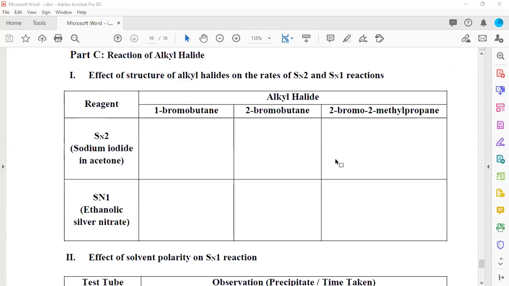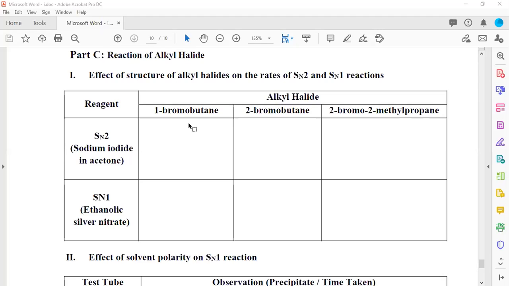For this reaction, you're going to determine tindak balas mana yang berlaku dengan lebih cepat. You are given these three compounds, 1-bromobutane, 2-bromobutane, also 2-bromo-2-methylpropane. Each one of these represents primary, secondary, or tertiary alkyl halide respectively.